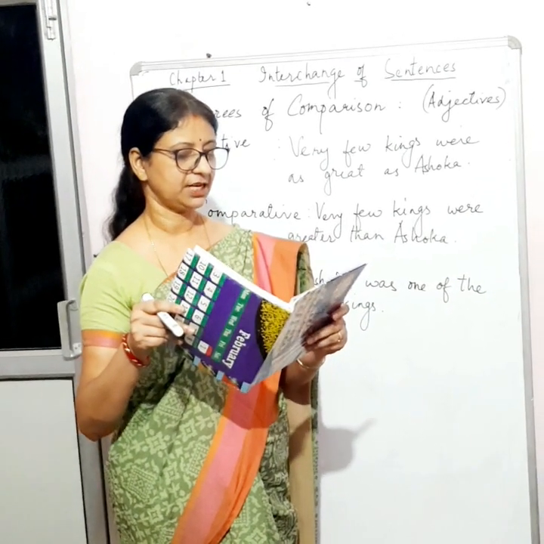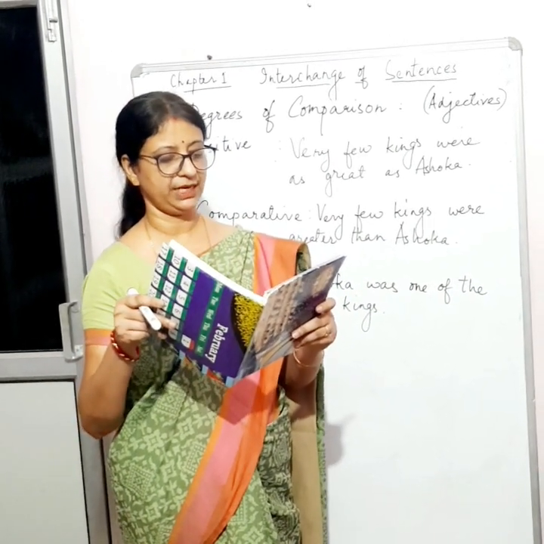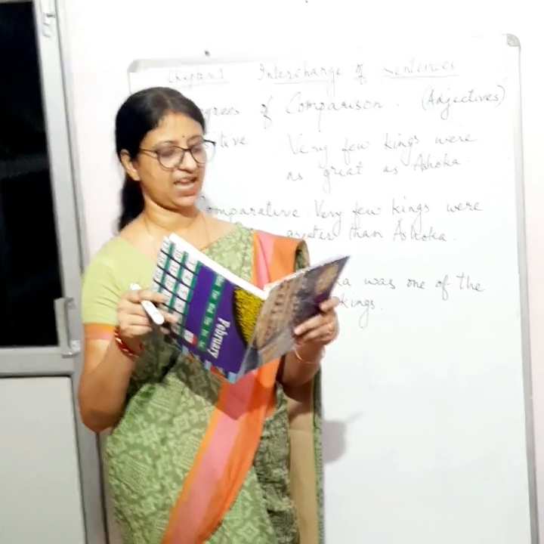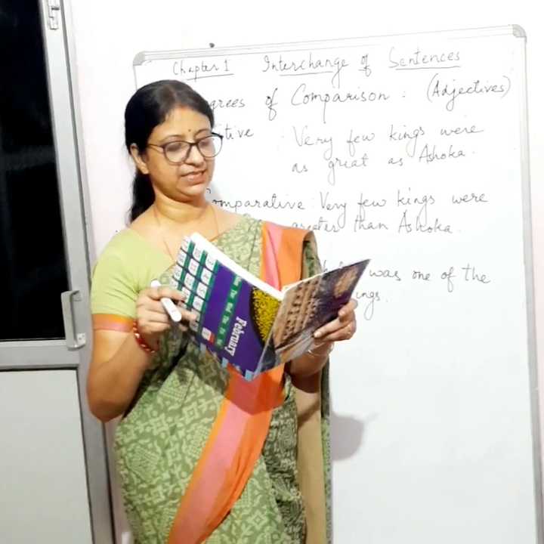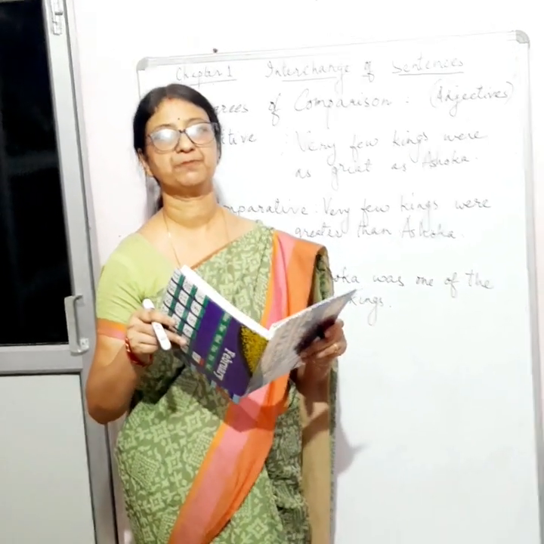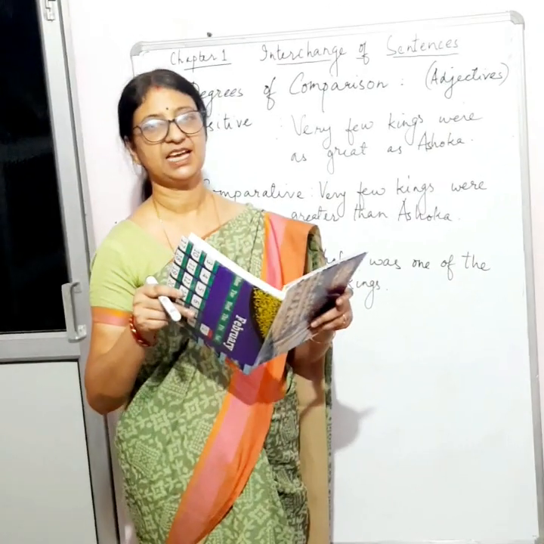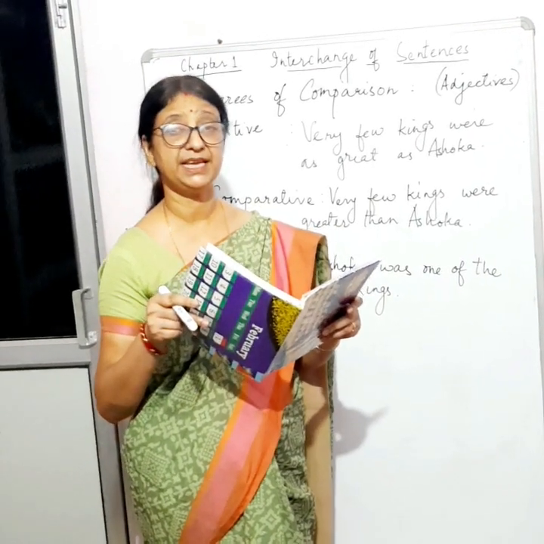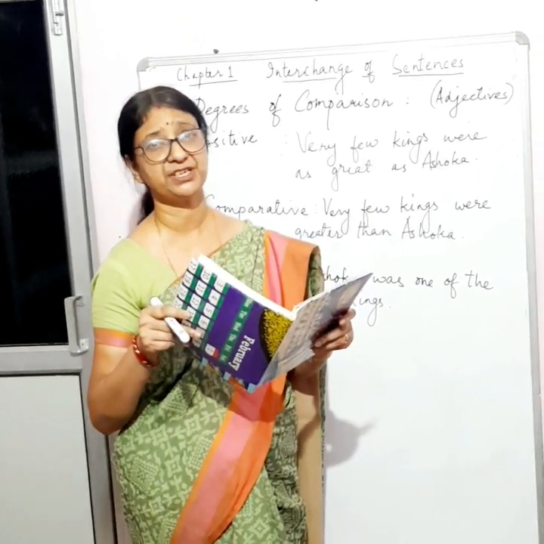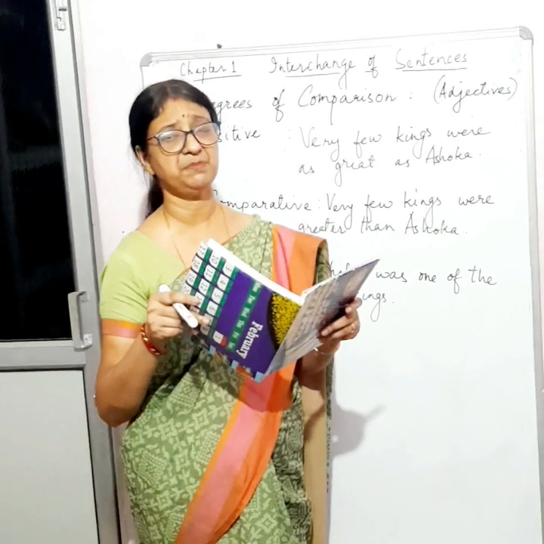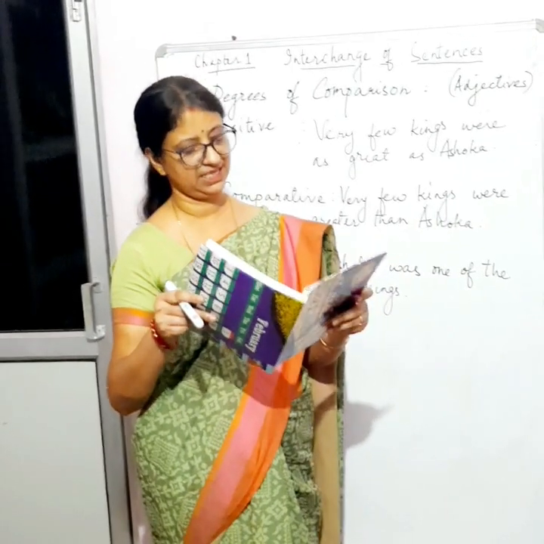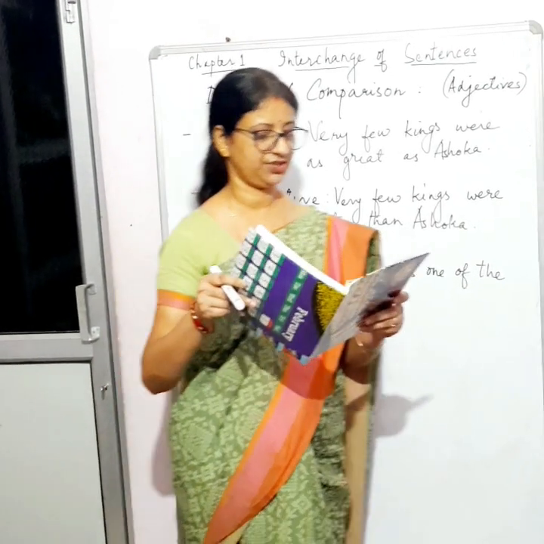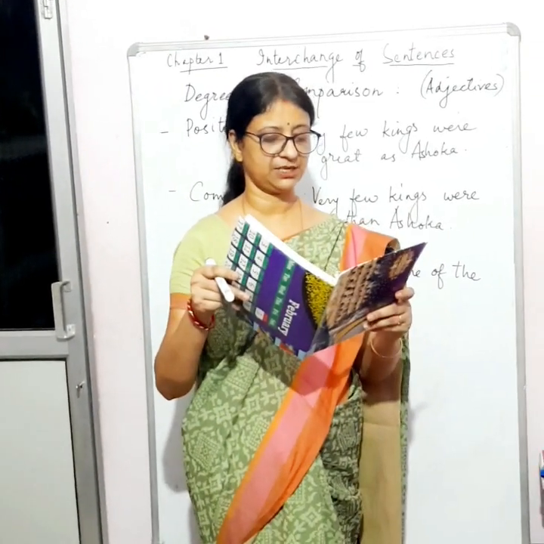Next, 13th number. Very few Indians are as rich as Azim Premji. See the instruction given? Richer instead of rich. Azim Premji is richer than many other Indians. Comparative degree. 14th. The brave alone deserve the fair.